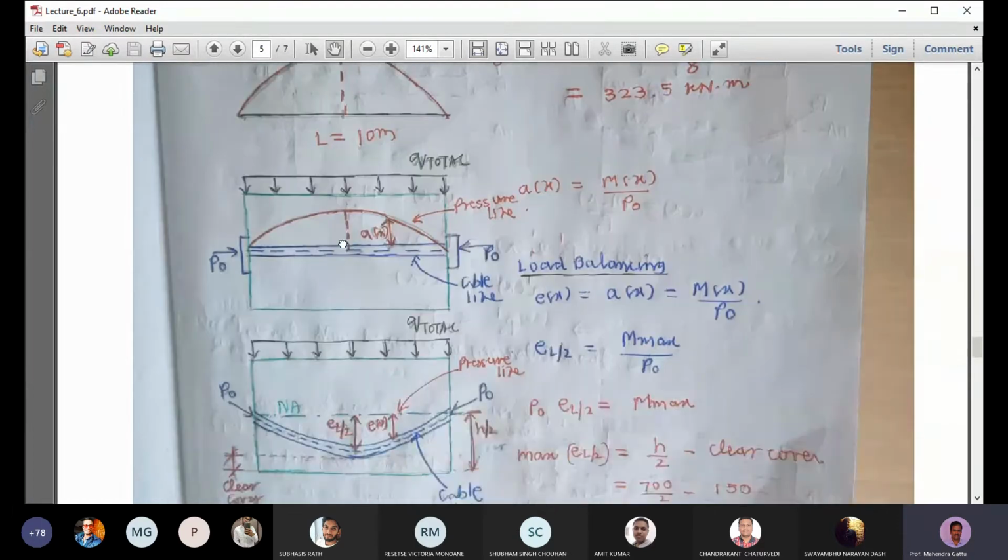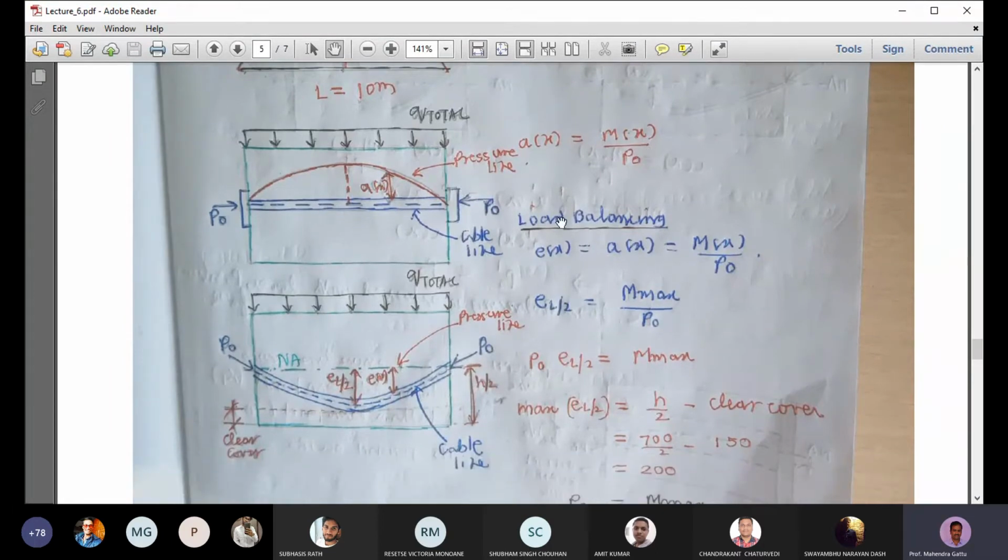We can sketch the beam, and we can place the tendon initially concentric with the neutral axis. So the cable line is coinciding with the neutral axis here, and then we can plot the pressure line. This is the pressure line, and the distance of the pressure line from the cable line is A of x, and that value A of x is M of x by P naught.